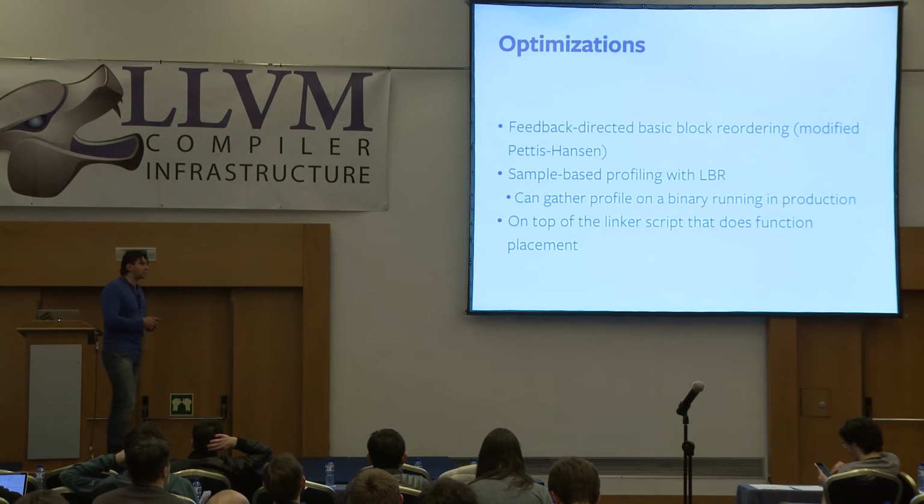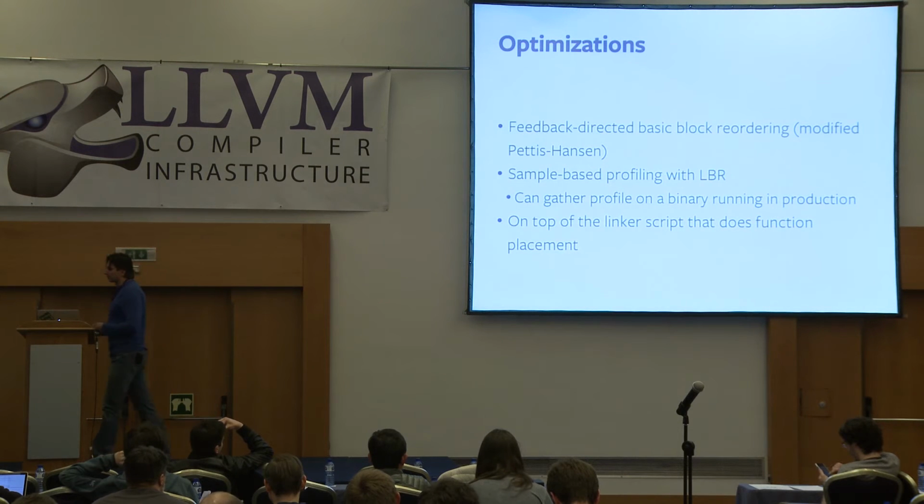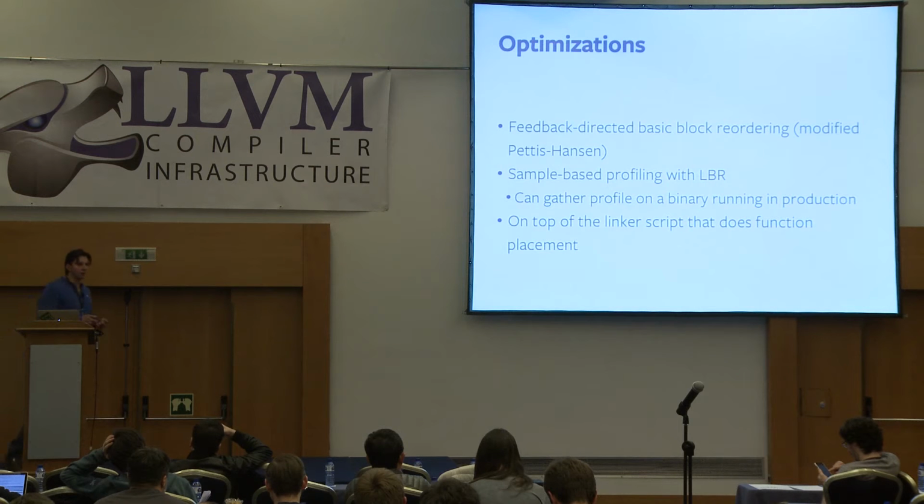The current set of optimizations is very simple, but it produces good results. We start with just basic block reordering. We're using a slightly modified Pettis-Hansen algorithm. Based on the profile, we try to minimize the number of branches taken, which improves the branch predictor mechanism. We try to minimize iCache and ITLB misses.